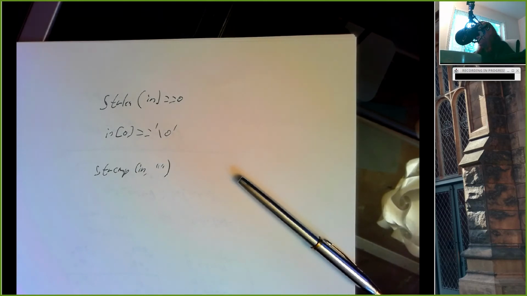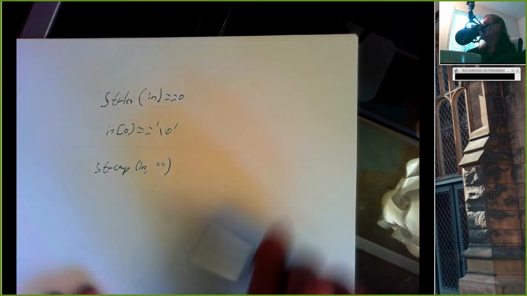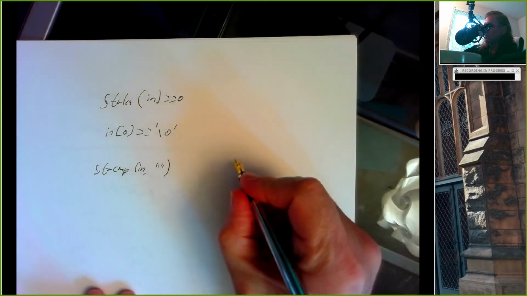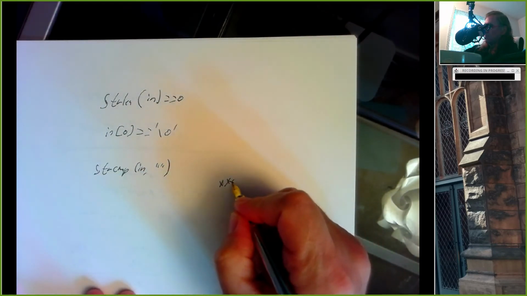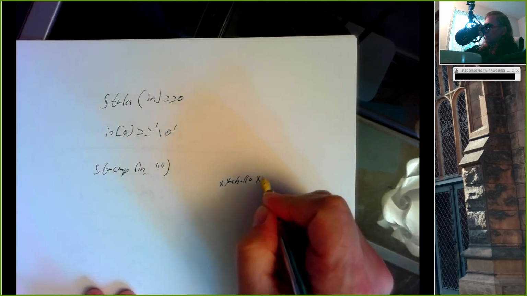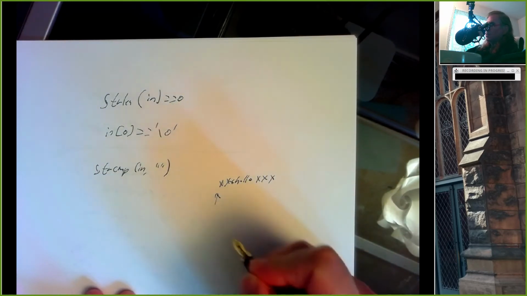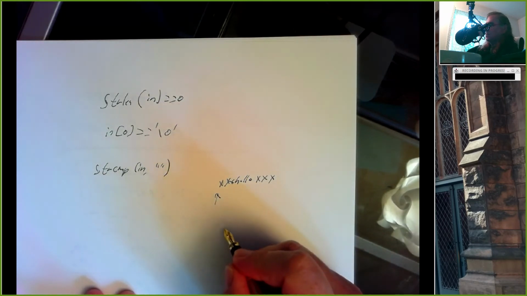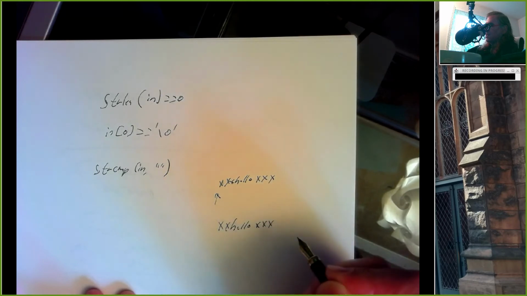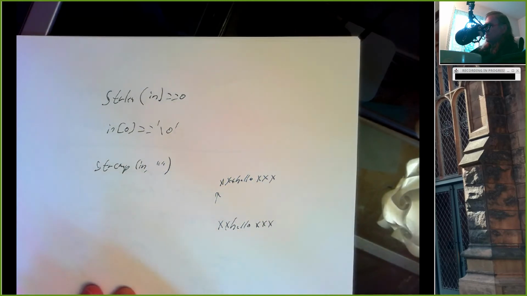So, my test code has the input being xxx, hello, xxx. And I'm trying to remove the first x it encounters. Right. So it's supposed to print out xx, hello, xxx. Right, and is that working in your test code?